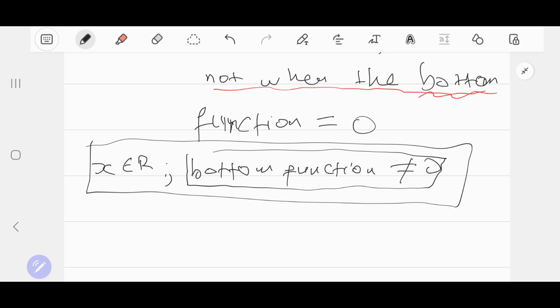And then for those values you get, let's say we solve the bottom function and you find out that at x equal to 2 it is 0. It cuts your x-axis. And x is equal to maybe 6.